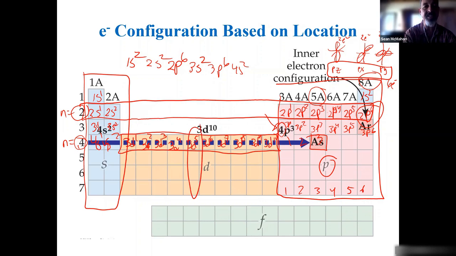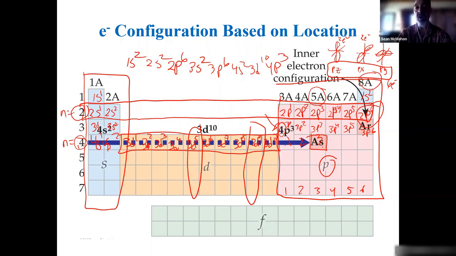To go all the way across, now I'm going to have a 3d10. And then I still have a few more electrons. How many? 1, 2, 3, which lands me at a 4p3. So that would be considered an entire electron configuration for arsenic.